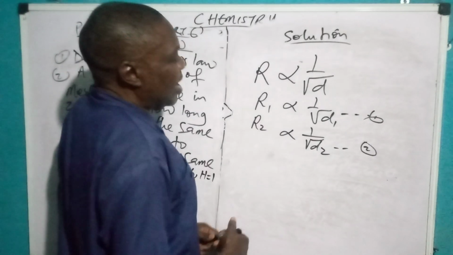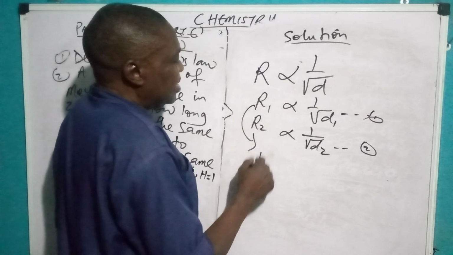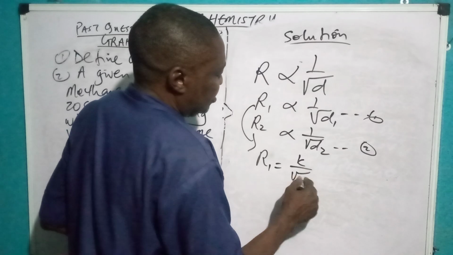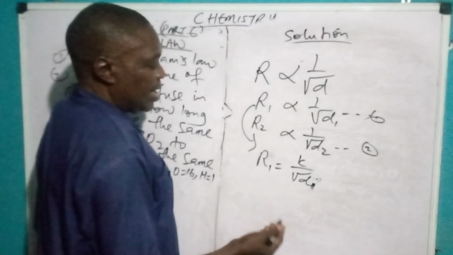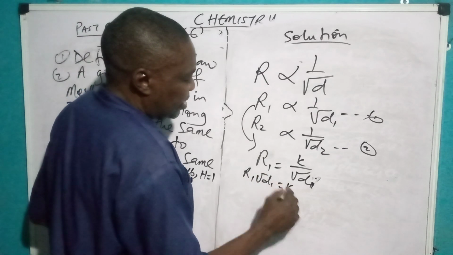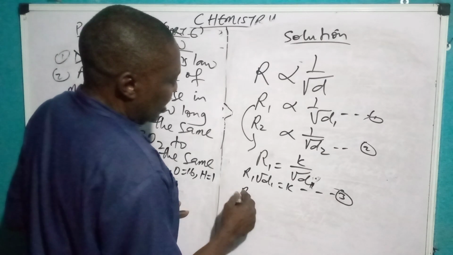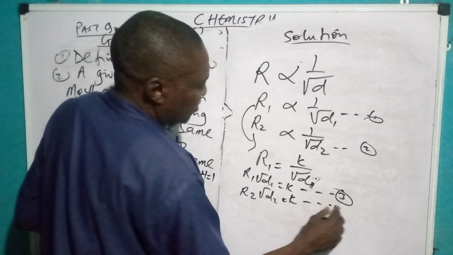So if you have the two gases, for the first gas, rate 1 equals k over square root d1. Then rate 1 times square root d1 equals k. You can call this equation 3. For the second one, rate 2 times square root d2 equals k, equation 4.